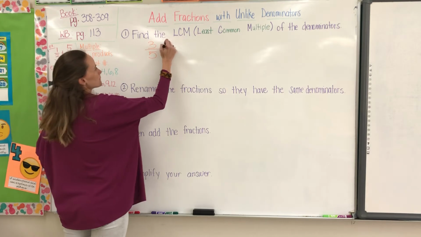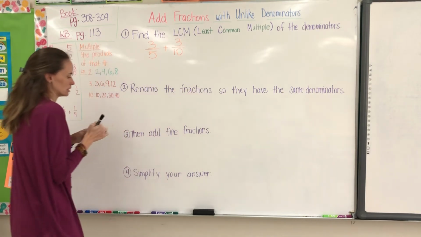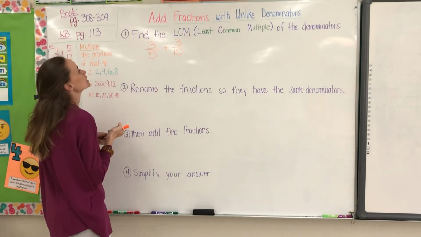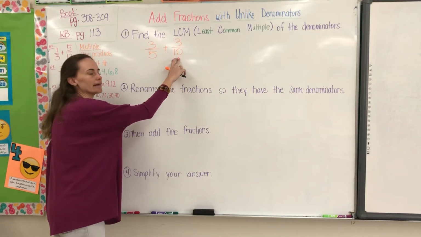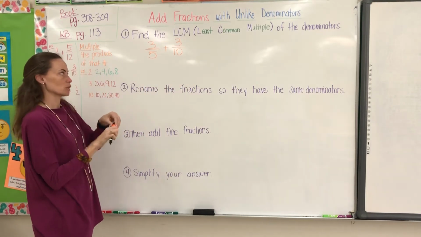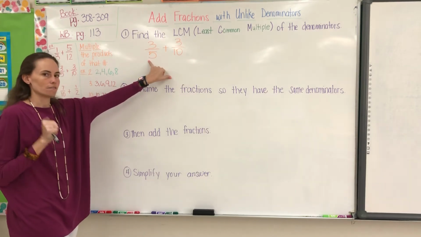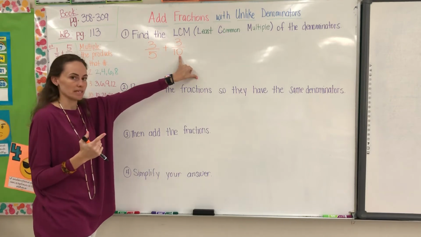3/5 plus 3/10. Now, they have different denominators, right? So we have to see what is the least common multiple of 5 and 10. Again, you look at the bigger one, 10. Is 10 a multiple of 5? Is 5 times something going to give me 10?